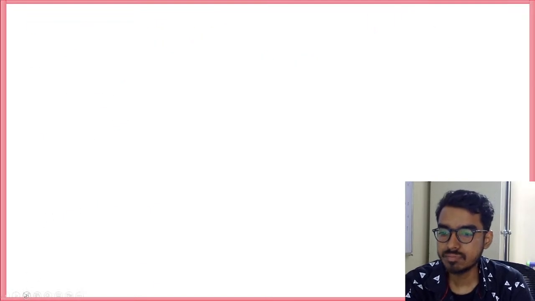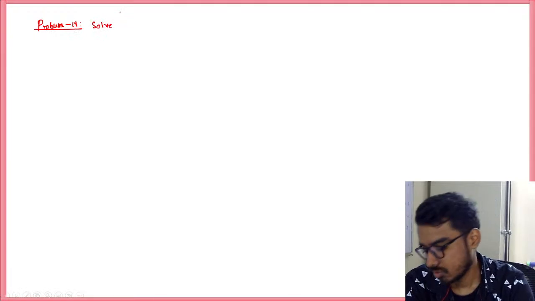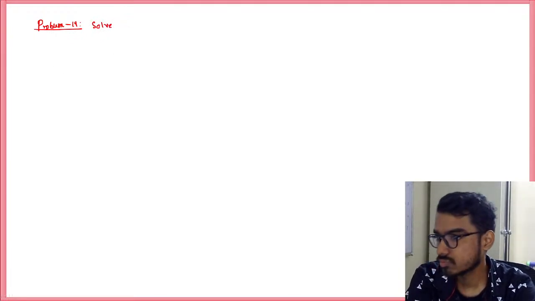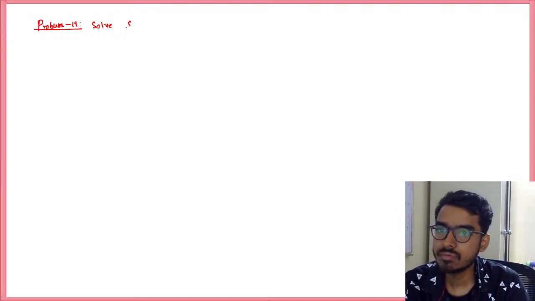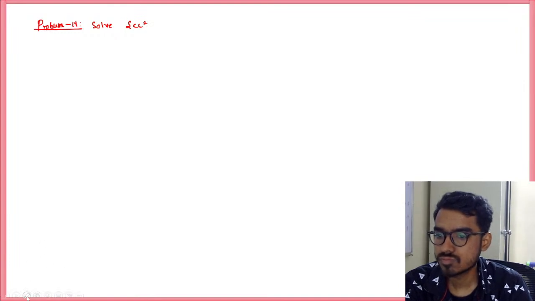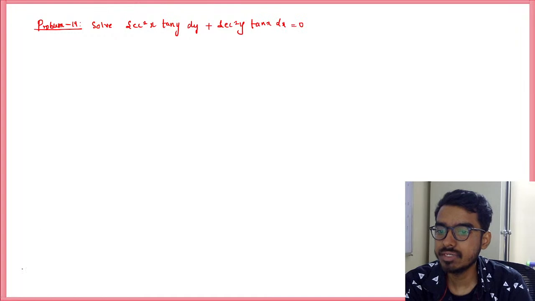So problem number 19. Solve secant square x tan y dy plus secant square y tan x dx is equal to 0, right?